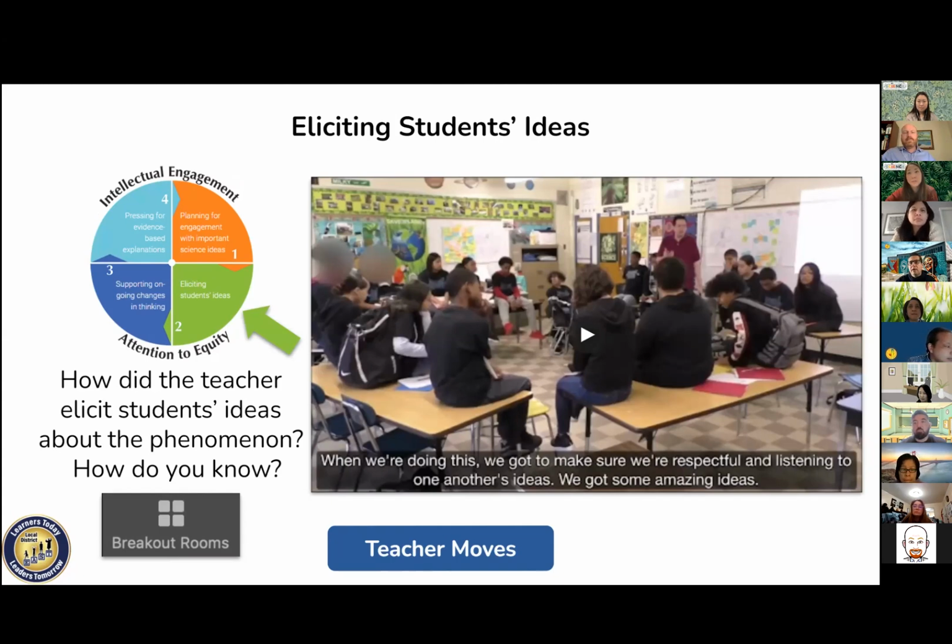I think it's about creating a culture where participation is welcome, right? So I think our group spoke about lowering the affective filter in the classroom so that any kind of idea is welcome. Another colleague brought up the point that all students, even including us as educators, expect to be right all the time.